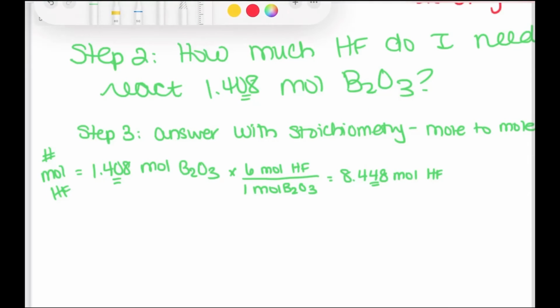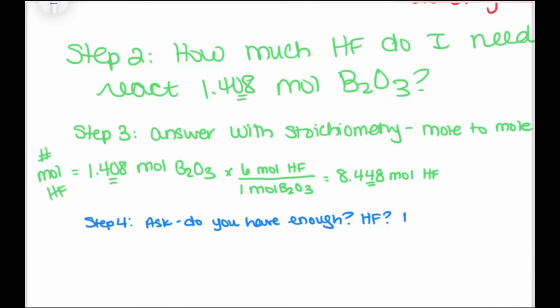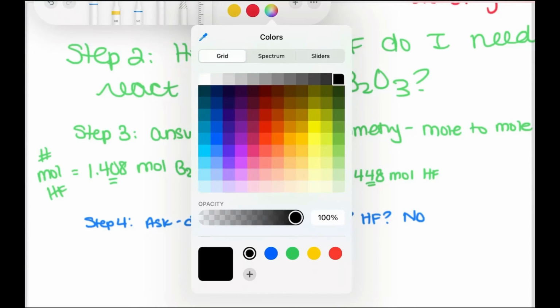Step 4, ask yourself, do you have enough? On this one, you're asking, do you have enough HF? And the answer is no, you don't. What does that mean? That means you're ready for step 5 to identify your limiting reactant, and in this case your excess reactant.